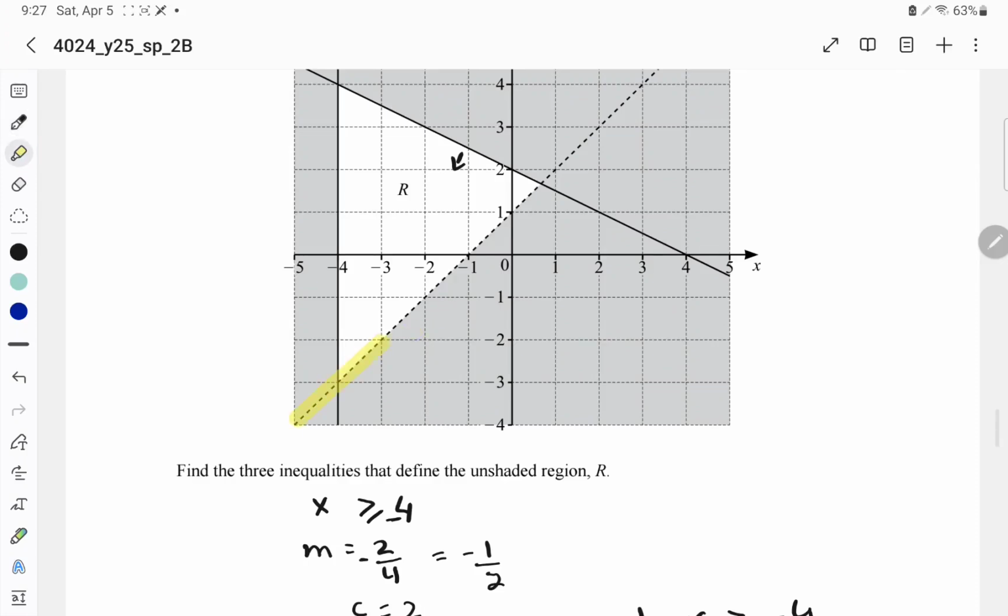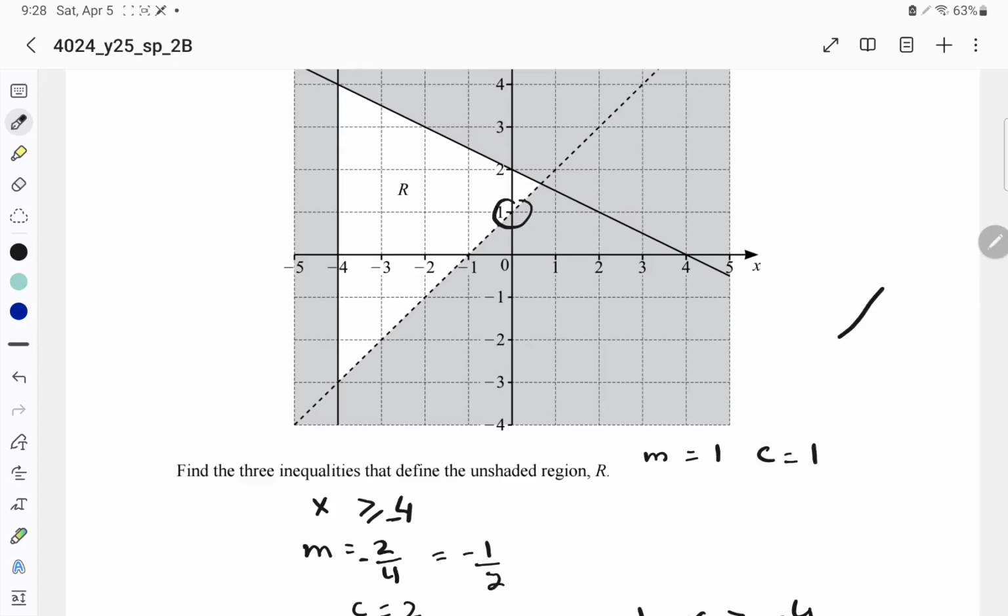Now come to the third line, which is the dotted line. The dotted line means you don't write the equal sign under less than or greater than. So if I check this one, the rise over run, wherever you want you can take the values. It's the gradient is 1, rise is 1, run is 1. If you check from there, rise is 2, run is 2, rise is 3, run is 3. So the gradient is equal to 1. m is equal to 1 for this line, and the y-intercept is also 1.